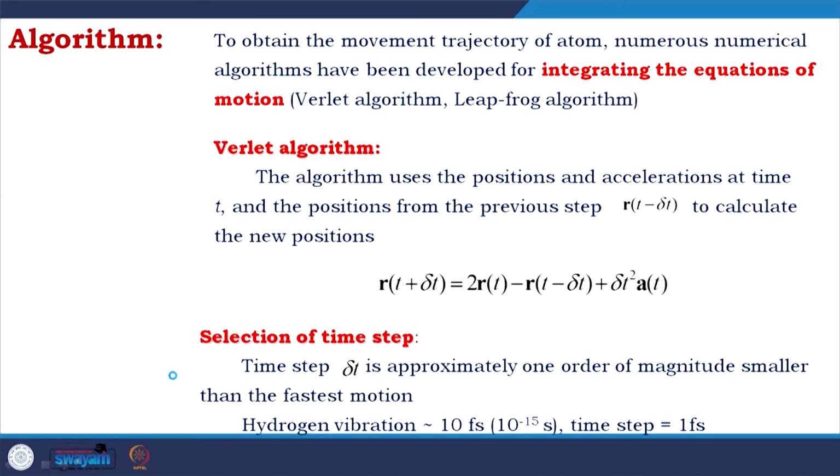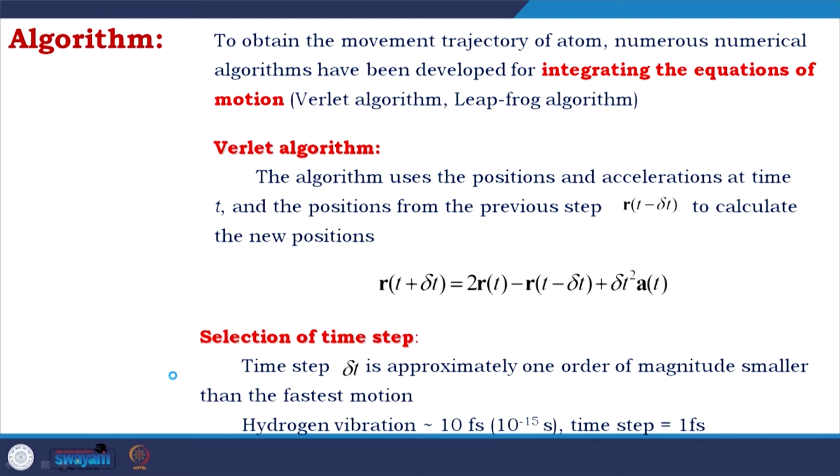The time step Δt is approximately one order of magnitude smaller than the fastest motion. So, for hydrogen, if you consider the diatomic molecule, the spring, it is 10 femtoseconds. So, the time step, 1/10 of that, is 1 femtosecond.